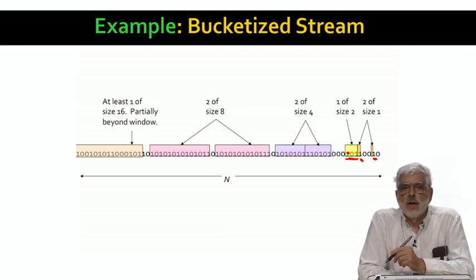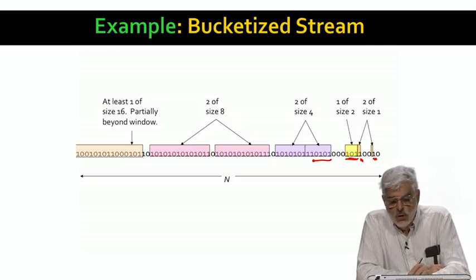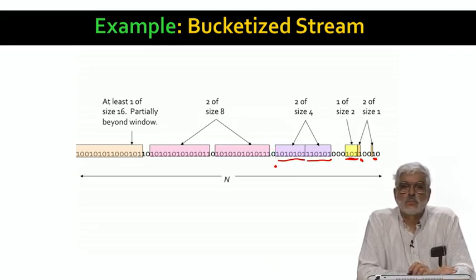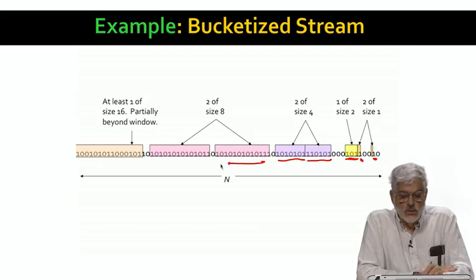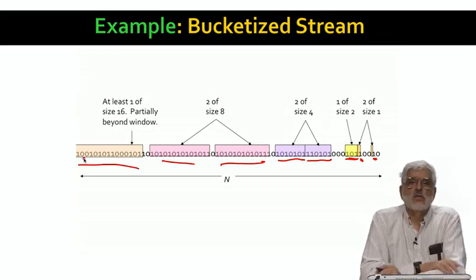Then going further back in time, we see the previous 4 ones in a bucket of size 4. And the 4 ones before that are also in a bucket of size 4. Then we see 2 buckets of size 8, and finally a bucket of size 16.